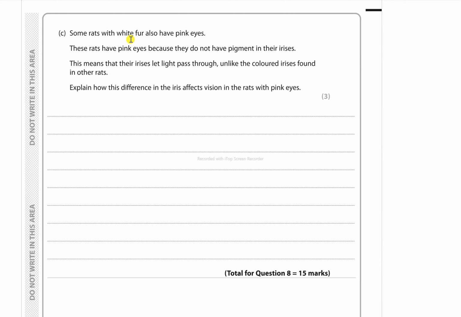Some rats have white fur. Some rats with white fur also have pink eyes. They do not have a pigment in their irises. This means that it lets light pass through. How can this affect the vision?